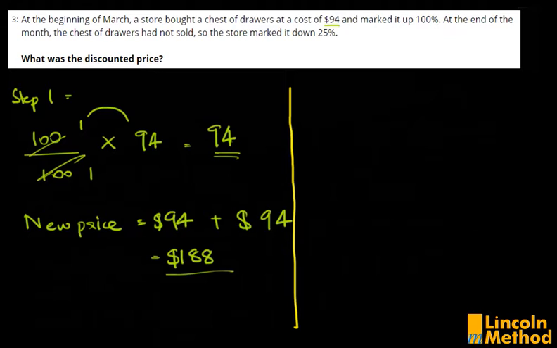When we talk about marking down prices, instead of finding out 25% of 188 and then subtracting that amount from the total, a shorter way of doing this is to find the remaining percent of that amount. If we're marking it down by 25%, that means we now need to pay 75% of the total price.